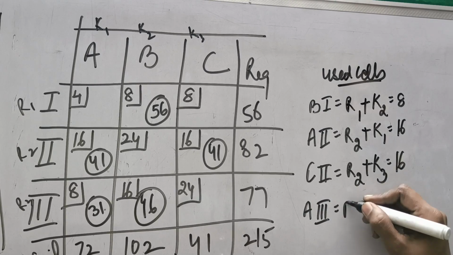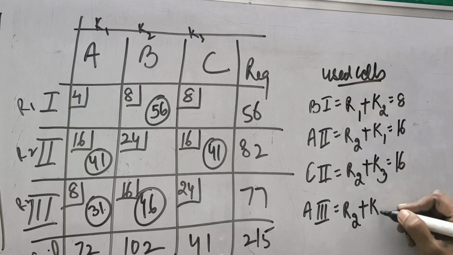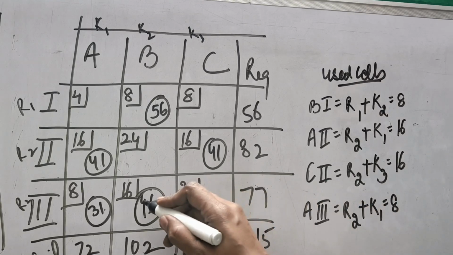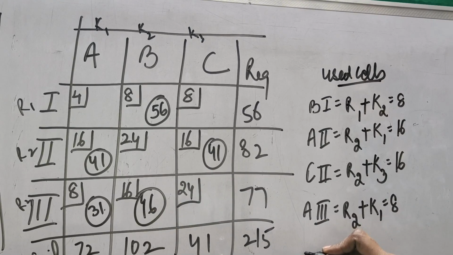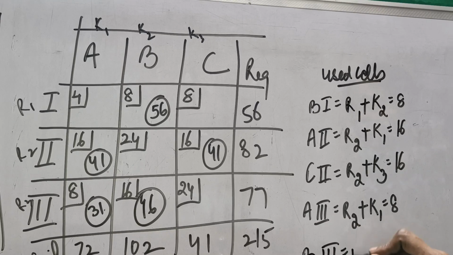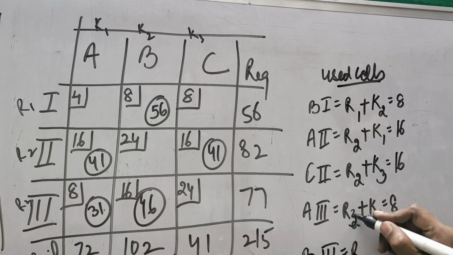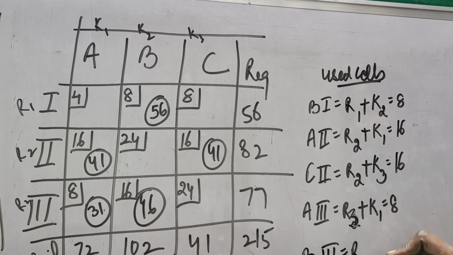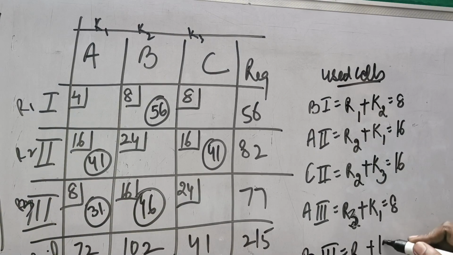It has been created by row 3, column 1, value is 8 and last is this, that is B3. This has been created by row number 3 plus column number 2, 16. So like this we will calculate the values now.